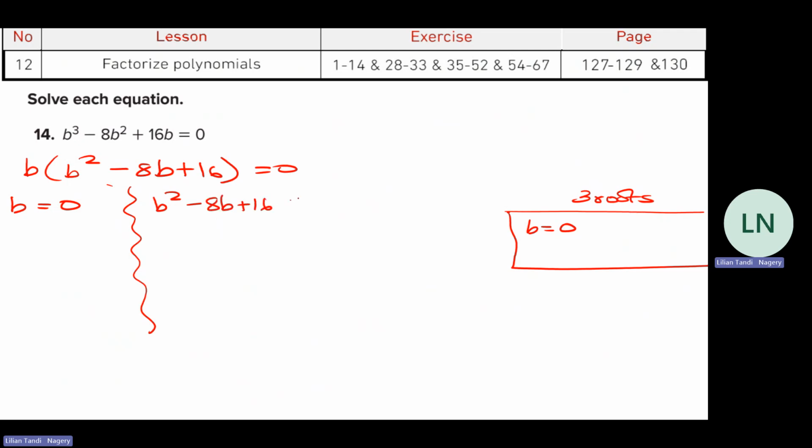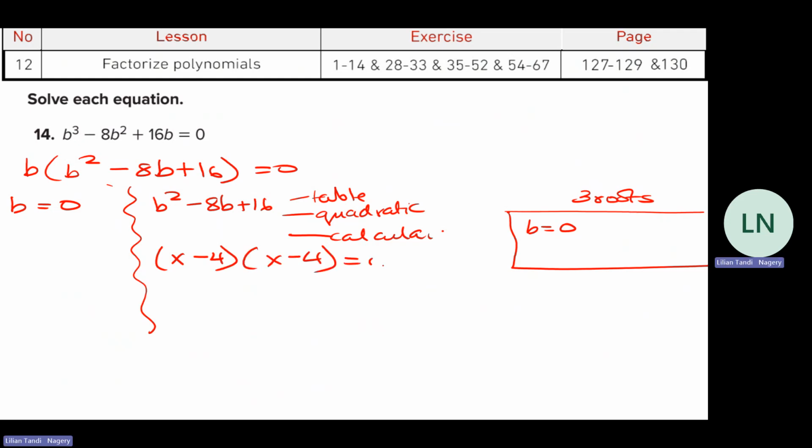You can do this in the table. You can do this with quadratic formula. You can do this with calculator. Okay? And you should get for here x minus 4, x minus 4 equals 0.